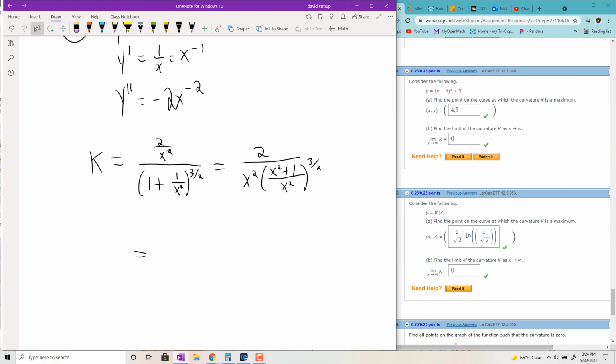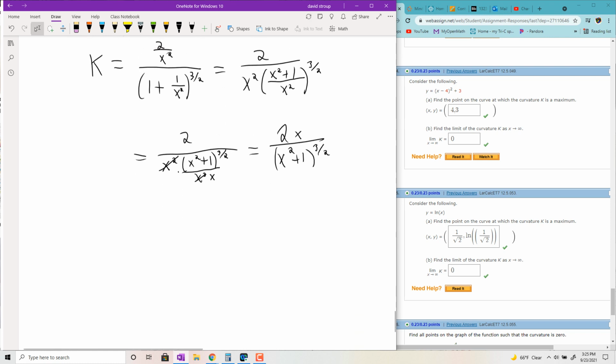And then rewrite that, so 2 all over x squared times x squared plus 1 to the 3 halves, and then x squared to the 3 halves, and the denominator of the denominator is going to be x cubed. So you have it all over x cubed. So this will divide in this, leaving you with just an x, and then if you do a reciprocal, you get 2x all over x squared plus 1 to the 3 halves.